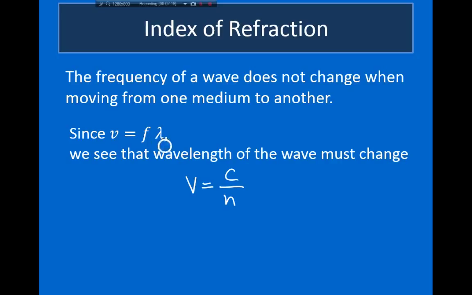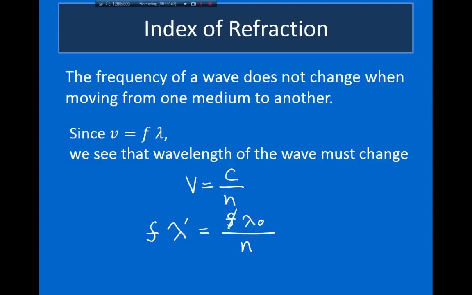Now, if I plug this formula in here, the speed of light traveling through a material is equal to the frequency of the light times the wavelength of the light in the material. And I'm going to put a little dash here to represent this as the wavelength inside a material. And this is going to be equal to the frequency of that light times the wavelength inside a vacuum divided by the index of refraction.